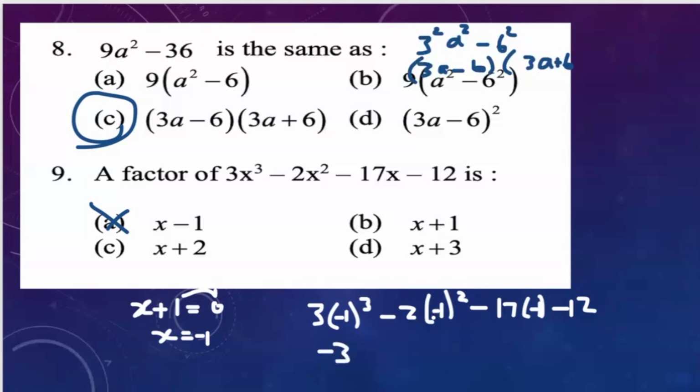Negative 1 squared is positive 1, but times this, I get minus 2. Negative times negative, that's positive, so we have plus 17 minus 12. So looking at this, minus 3 minus 2 is negative 5, plus 17, that's 12, minus 12, that's 0. So the answer is indeed B.